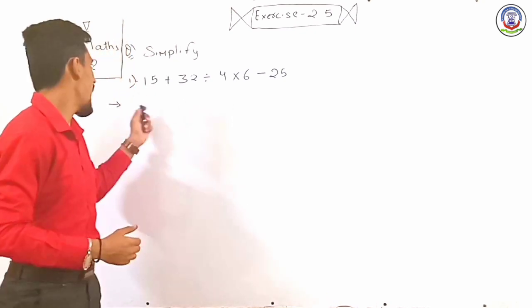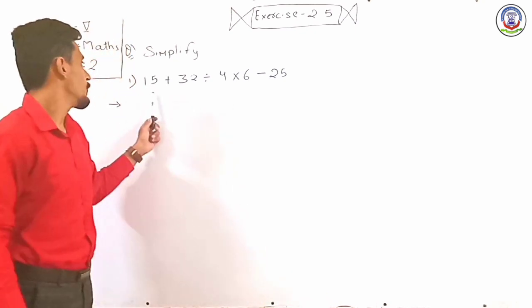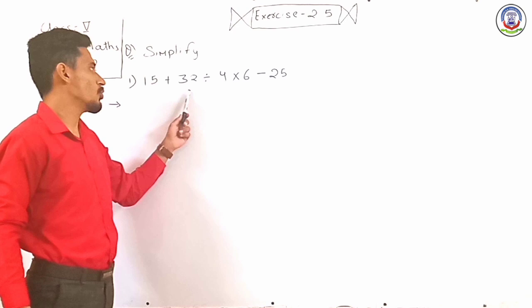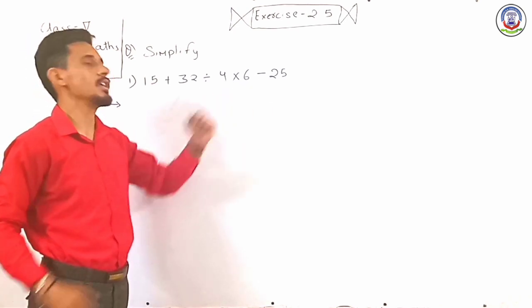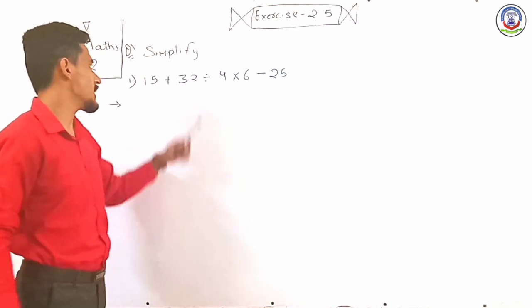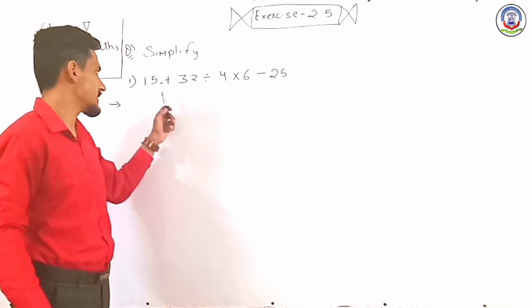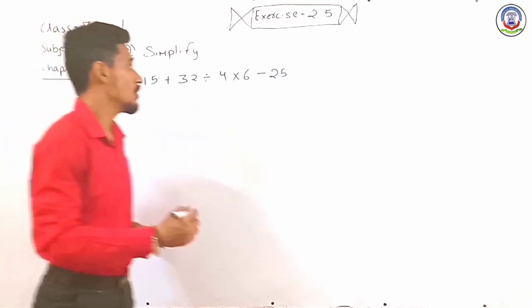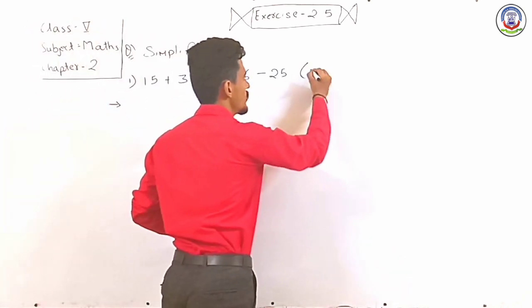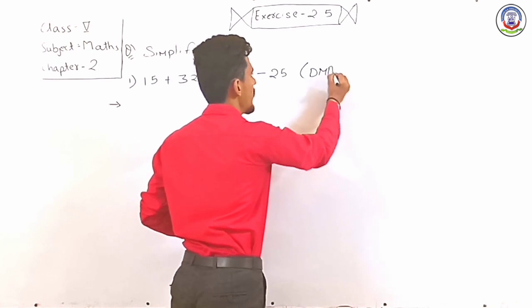Now see C. 15 plus 32 divide 4 multiply 6 minus 25. In this sum, we have all four signs: plus, divide, multiply, and minus. So in this also, we use the rule of DMAS.